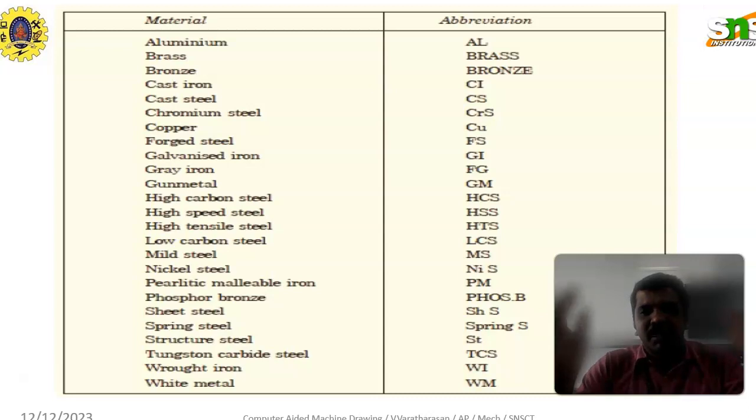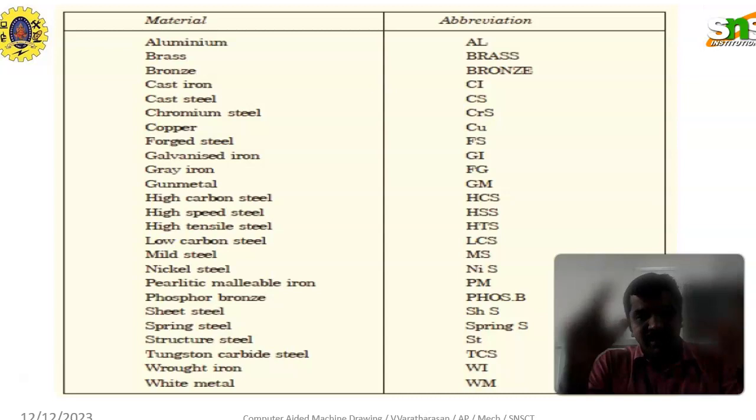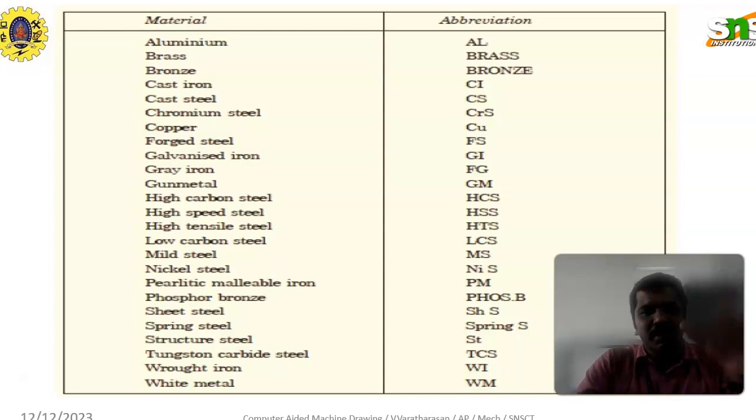Based on the material selection, the remaining manufacturing and production processes are carried out, so material selection is one of the very important factors in production. That is why we can represent it in the drawing sheet, and each and every material has a symbolic representation.